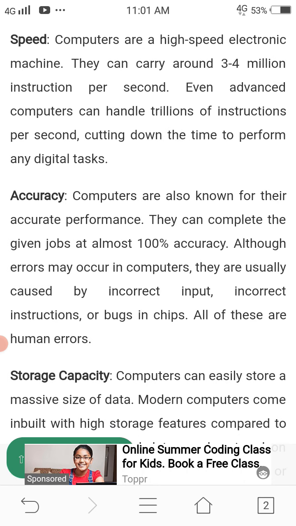Next is accuracy. Computers are also known for their accuracy. They can complete the given jobs at almost 100% accuracy. Although errors may occur in computers, mainly the reasons are bugs, chips and human errors.